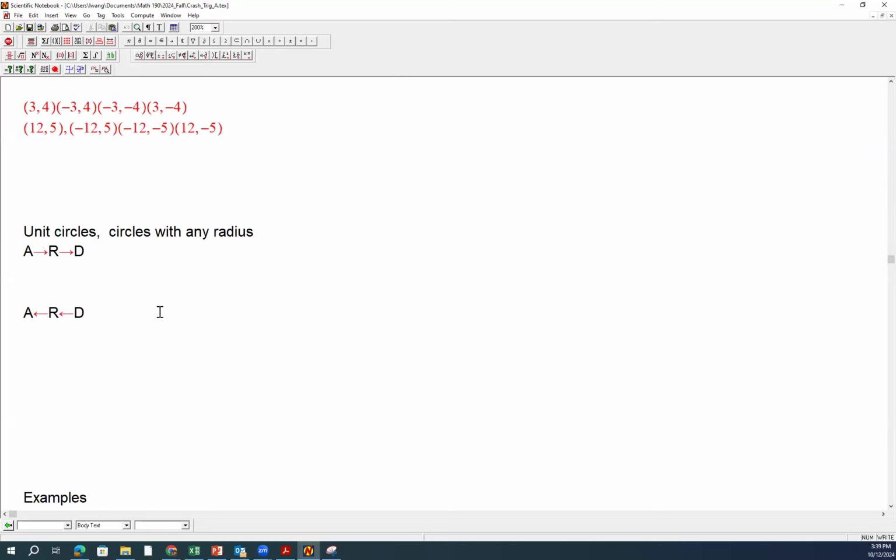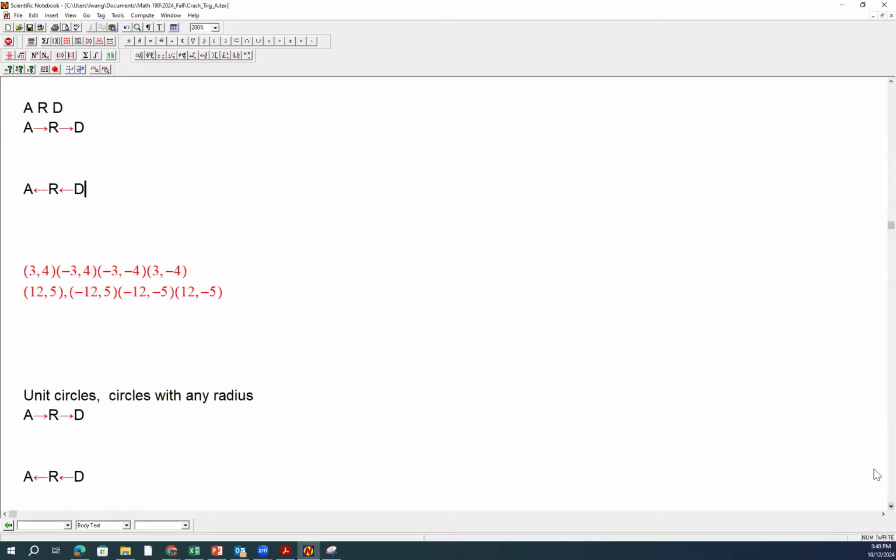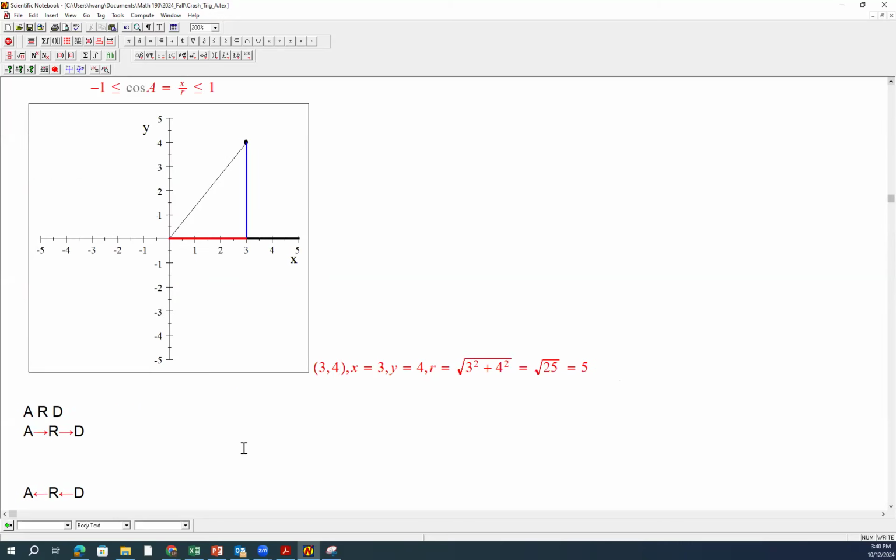What kind of thing you must be able to do when you're taking a calculus class and you know ARD. Okay, there are 2 kinds of questions you will encounter. One is taking you from A to D, and the other one is taking you from D to A. So any trick questions, they are either A to D or D to A.